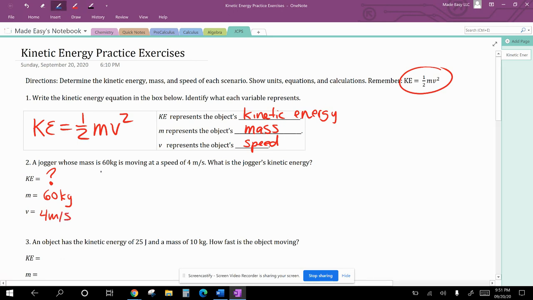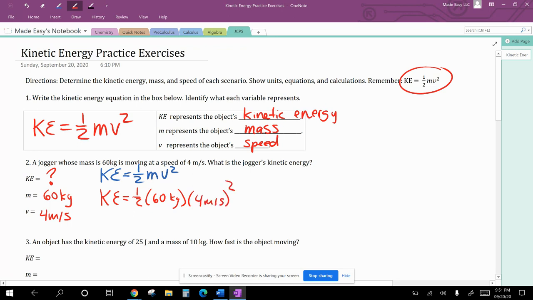I like to write the kinetic energy equation each time that I'm going to use it. Then I write it again right below it, except this time I substitute the values that we have. So we have 1/2 times 60 kilograms times our v squared, in which we have 4 meters per second.